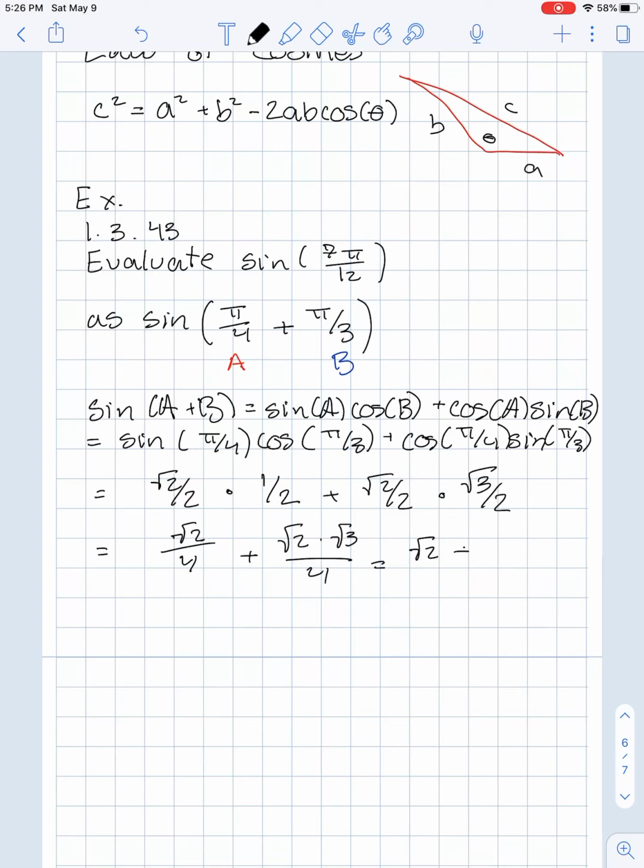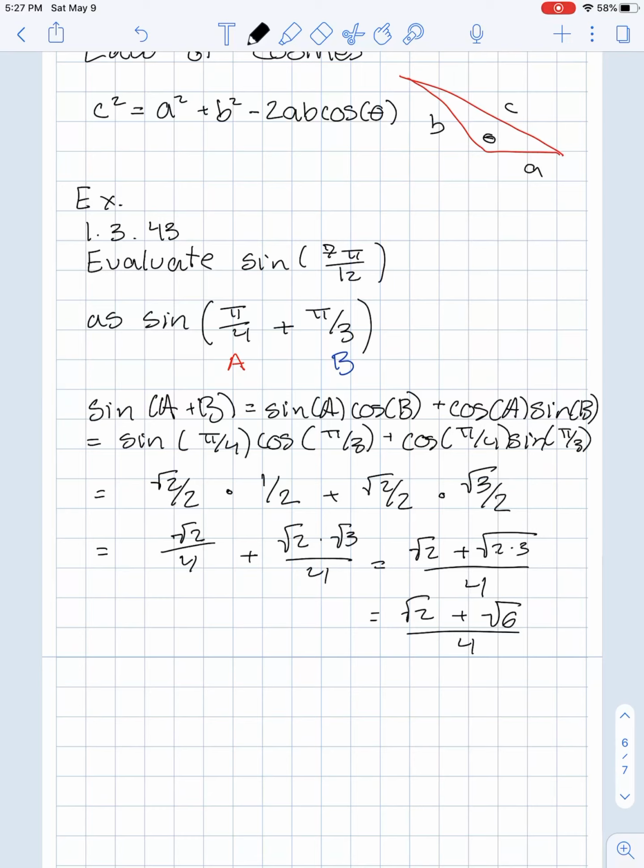I can combine those, and I can get square root of 2 plus square root of 2 times 3 over 4. Since these guys have the same power, I can combine them and make the power around both of them, which gives me square root of 2 plus square root of 6 divided by 4. And that's a perfectly acceptable answer because it is the answer.